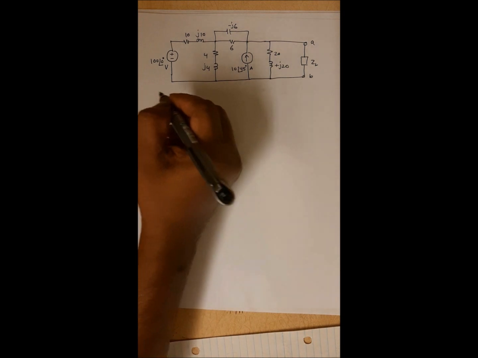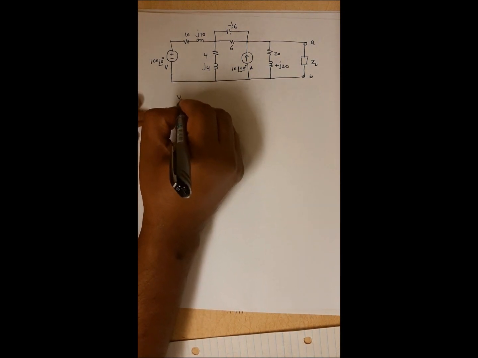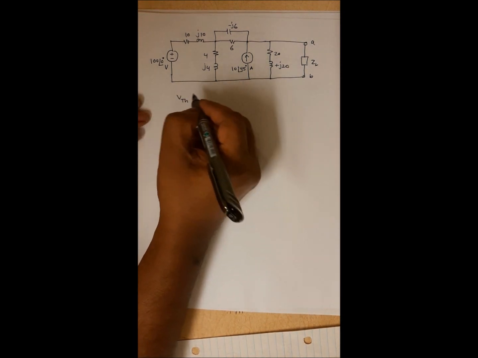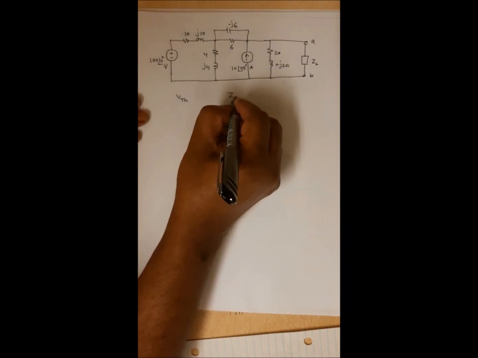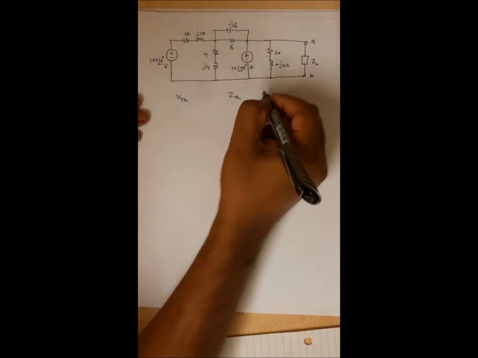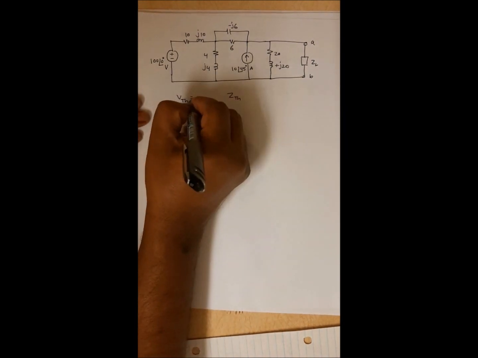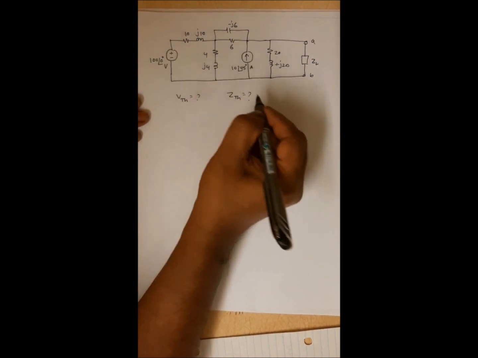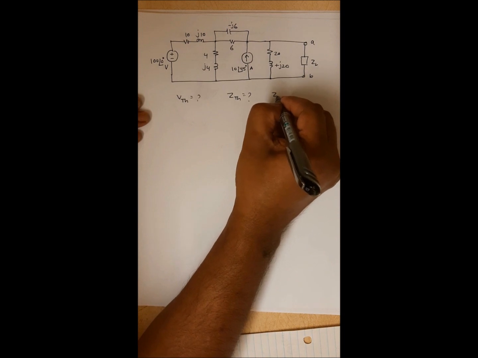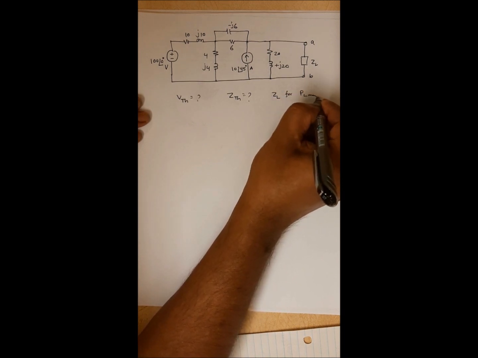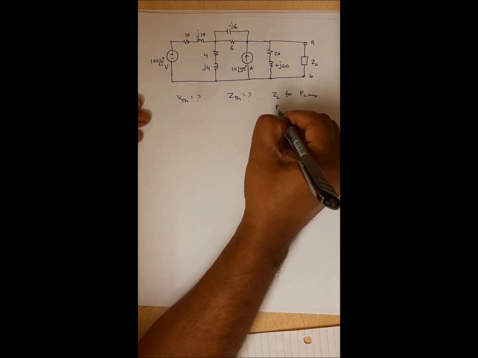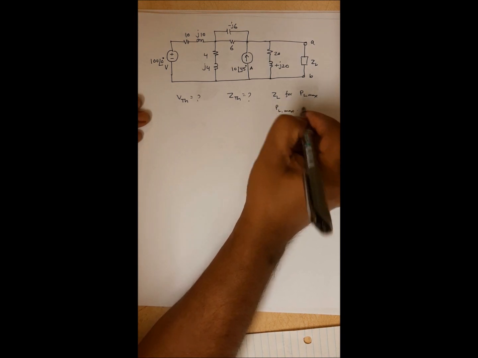So you need to find the Thevenin voltage from the terminals AB, and also the Thevenin impedance from terminal AB, and you also need to find the ZL for P max, and what is the value for PL max.